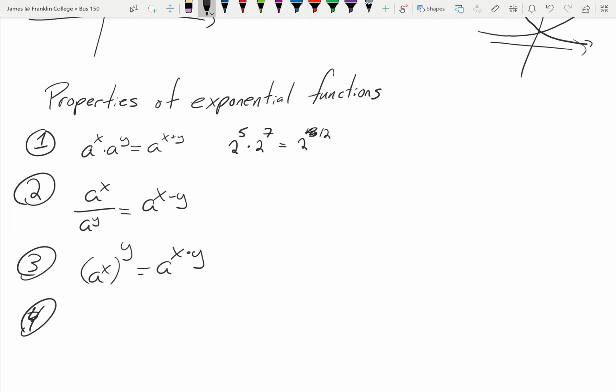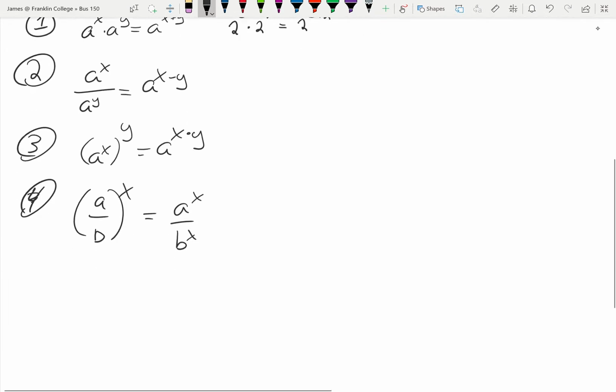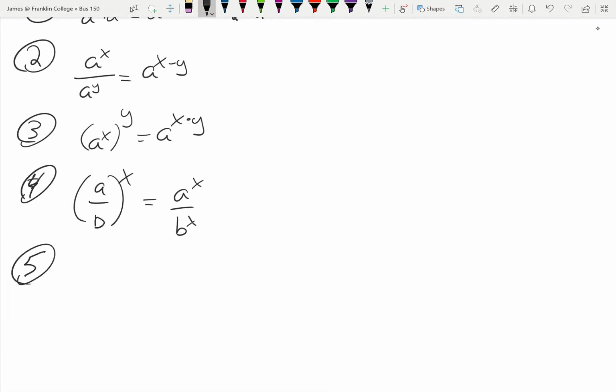Fourth property, if we have the fraction a over b, all raised to the x, well, that equals a to the x divided by b to the x. If we have a times b, all raised to the x, well, that equals a to the x times b to the x.